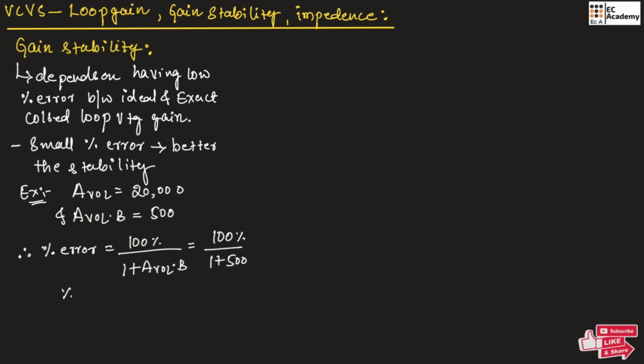So the percentage error will be equal to 0.2%. So the closed loop error of any VCVS amplifier will be within 0.2% of the ideal value.